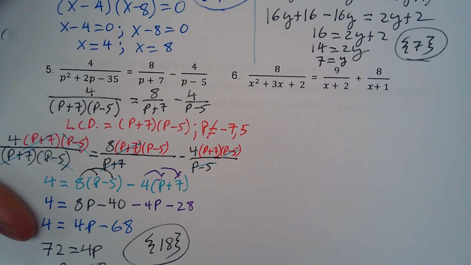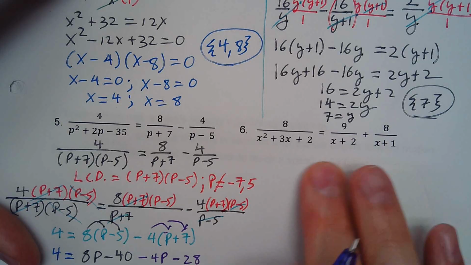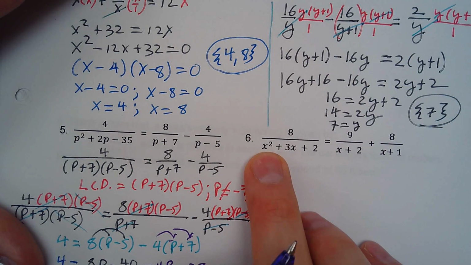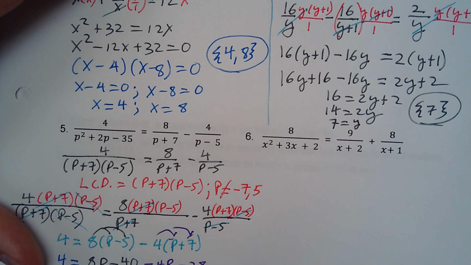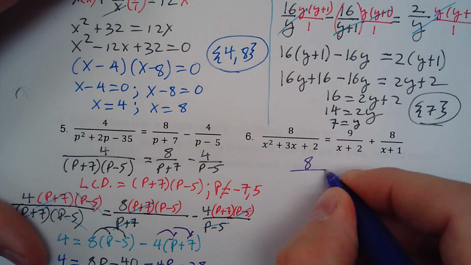Let's try this next one. Looks like there should be a space there, but that's okay. So we can guess that x squared plus 3x plus 2 is going to factor into x plus 2 times x plus 1. So I'm just going to write that out.